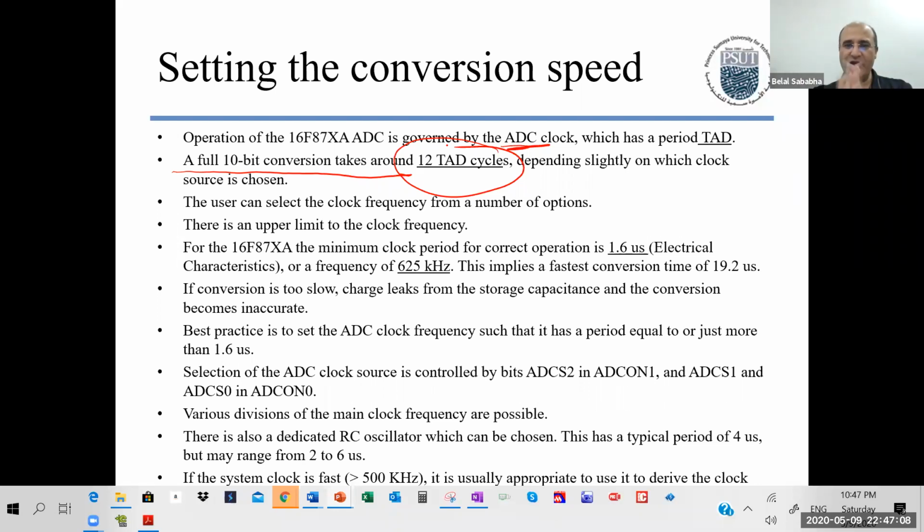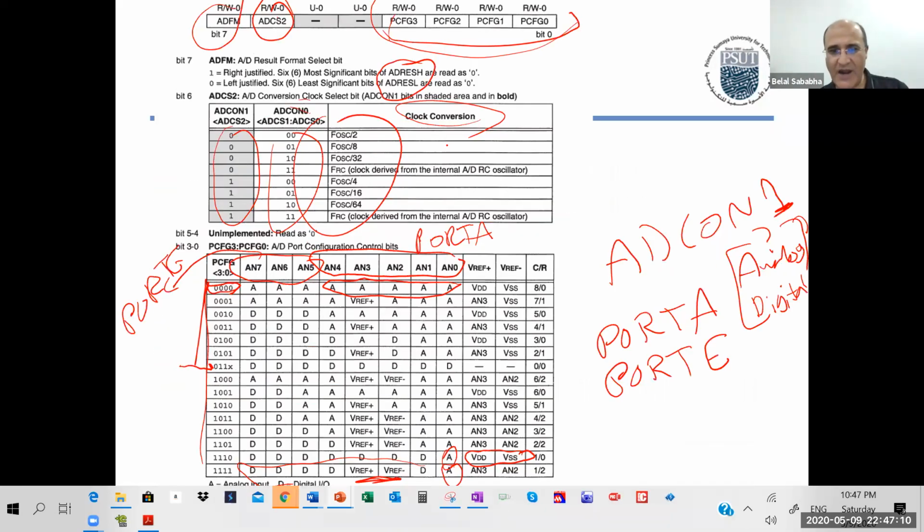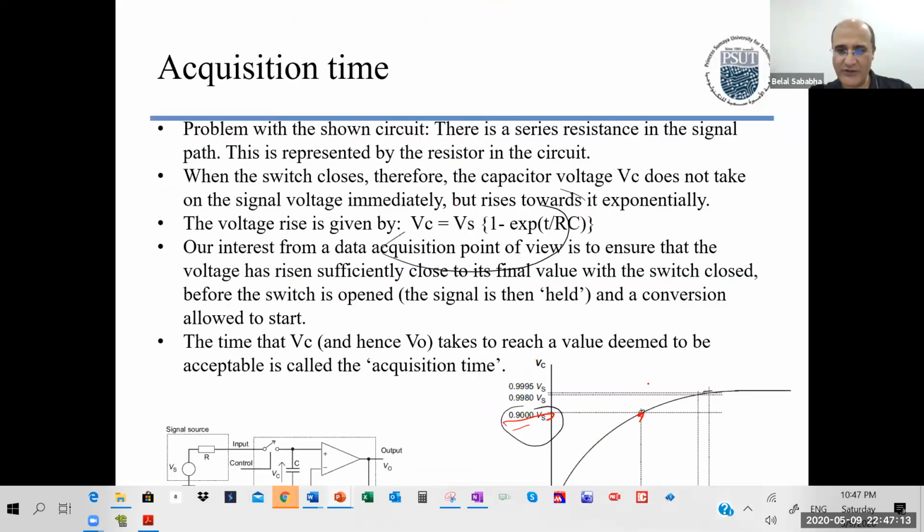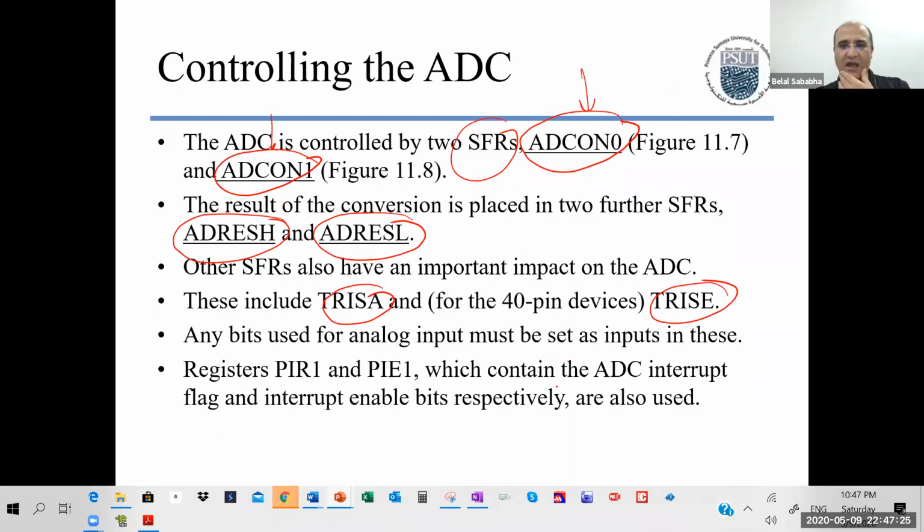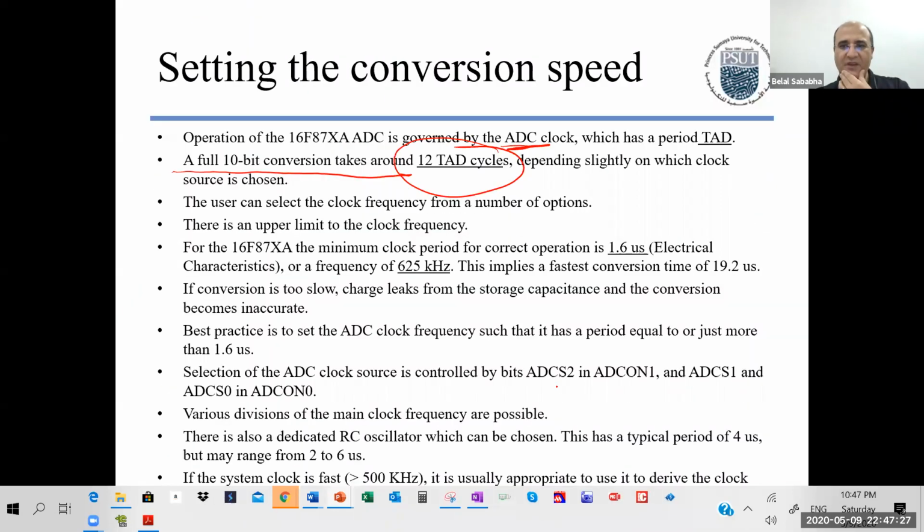The minimum clock period for a correct operation, taking in mind what we talked about here, whether I'm going to get something not accurate, acceptable, or very accurate, is a clock period equal to 1.6 microseconds. Times this by 12, this is equivalent to 19.2 microseconds. Okay? So you need a clock faster than this.